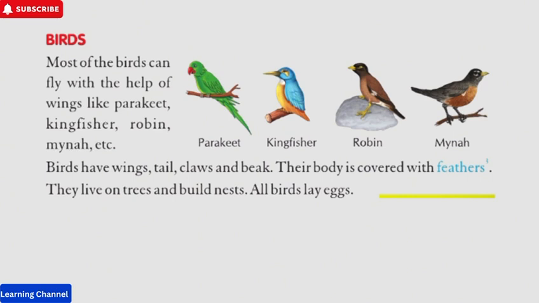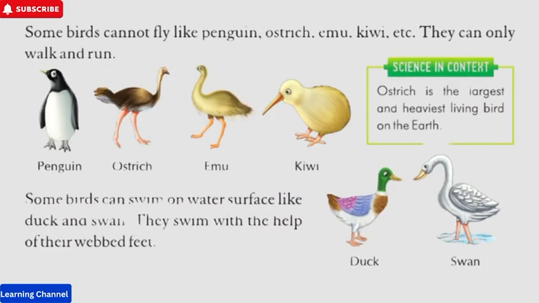All birds lay eggs. Some birds cannot fly like penguin, ostrich, emu, kiwi, etc. They can only walk and run. Some birds can swim on the surface of water like duck and swan. They swim with the help of their webbed feet.